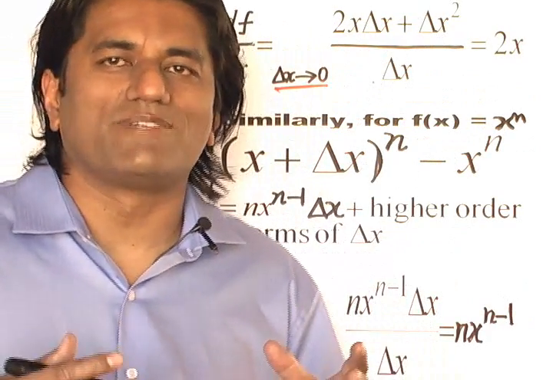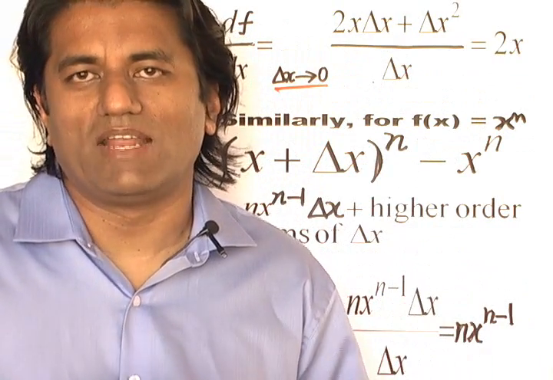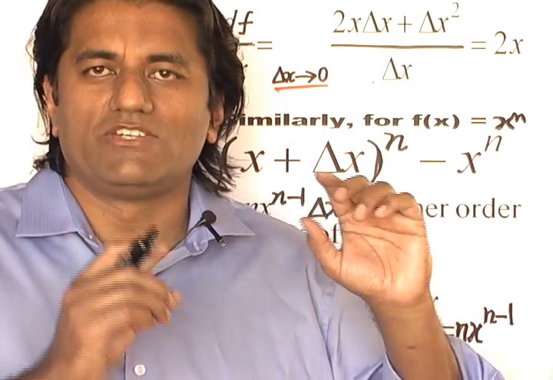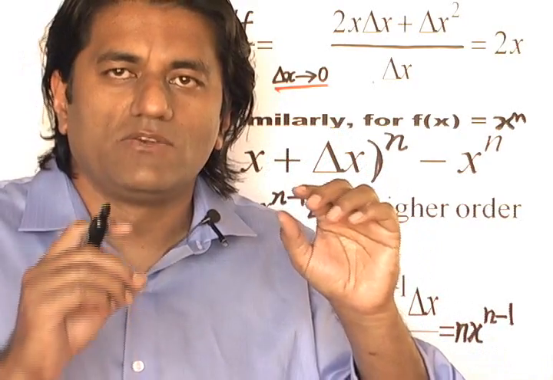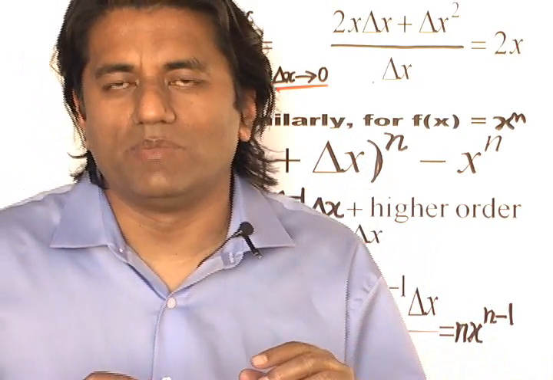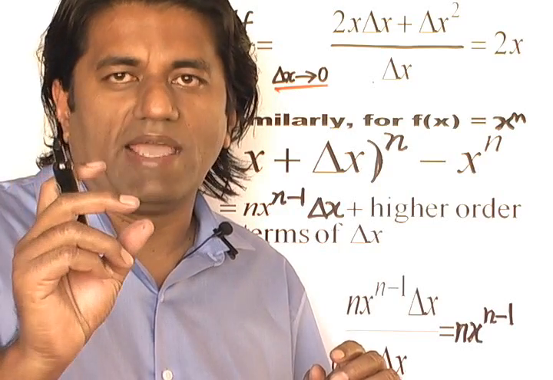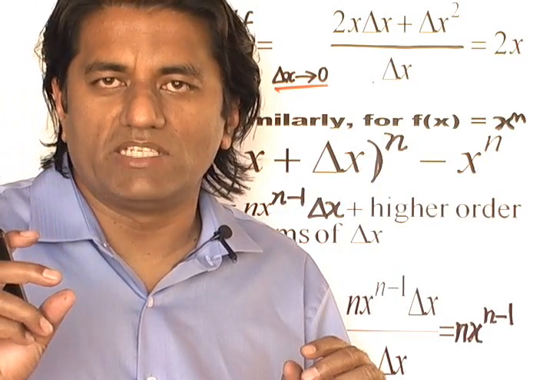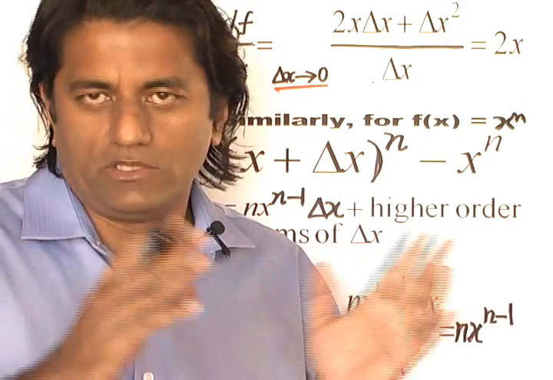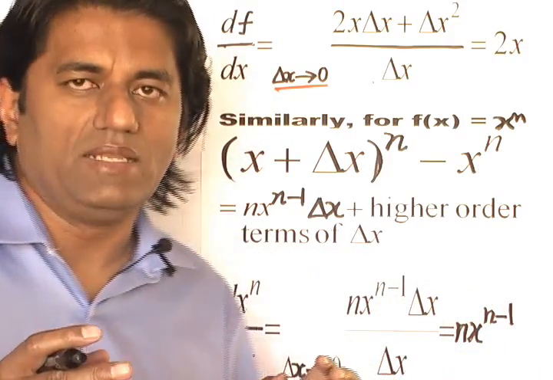So in the first chapter, I had given you the intuition for derivatives as the ratio of change in a function to the change in the independent variable. For example, the change in distance to the change in time, which you call speed.